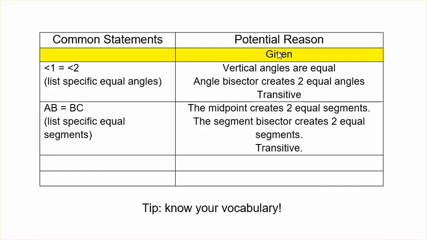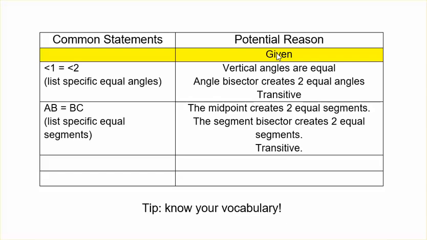It's always true. Now from there, we're going to try to figure things out based on what they told us. In the left, we'll often list equal parts. So for example, we might list a pair of equal angles. But we need to know for sure that those angles are equal.